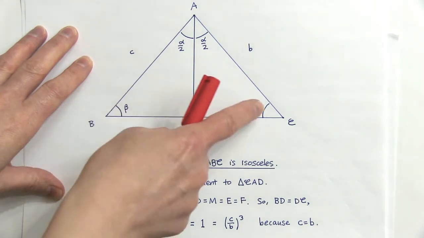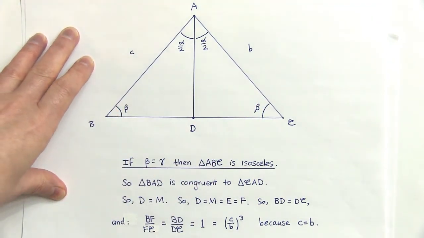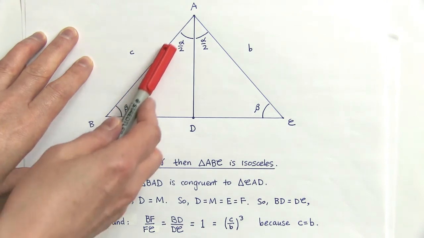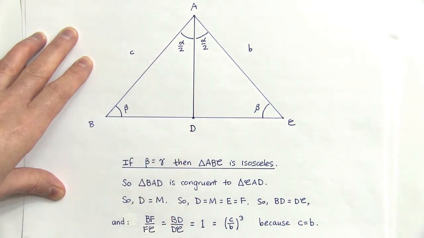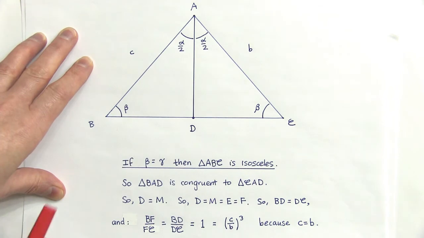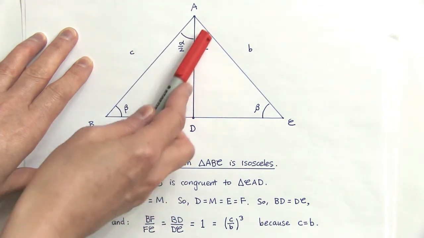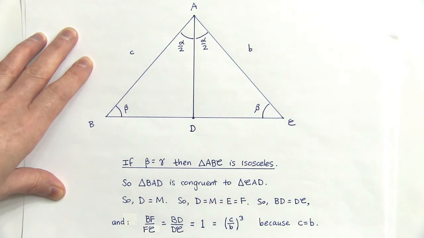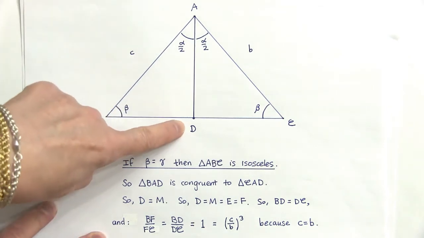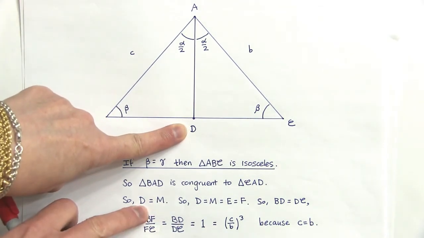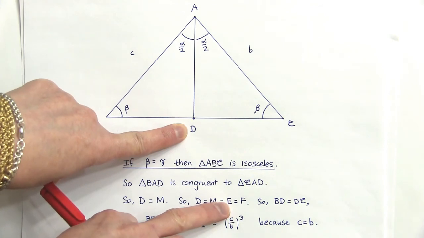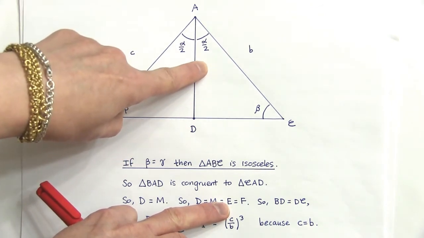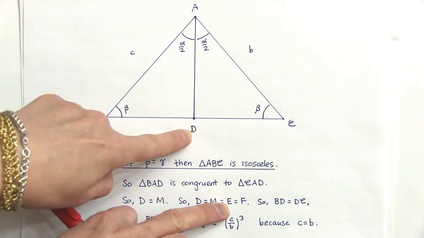So if beta equals gamma, then I have an isosceles triangle here, and so these two halves of the triangle share the same angles, beta and alpha half, and this will be 90, because these two angles have to be the same, and this triangle will be congruent to this triangle, which means that this length is equal to this length, which means that D happens to be the same as the midpoint, M. So if I reflect D across the midpoint, it will reflect to itself, E, and the angle delta will be just alpha half, and so that F will be the same as D.